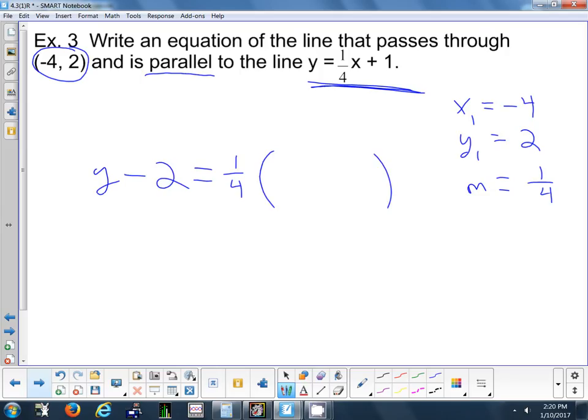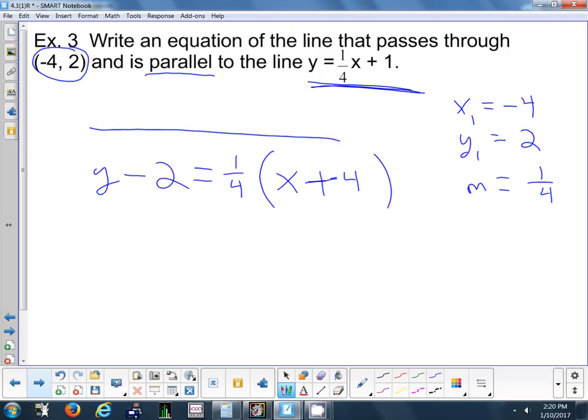Hannah, what goes inside the parenthesis first? X. Perfect. I like it. Antonio, what comes after the x? Minus the -4. Minus, and then I was going to ask, so it'll be +4. Yep, it's going to be minus -4. So we'd be like that. Minus a minus, we'll just turn it into a plus.